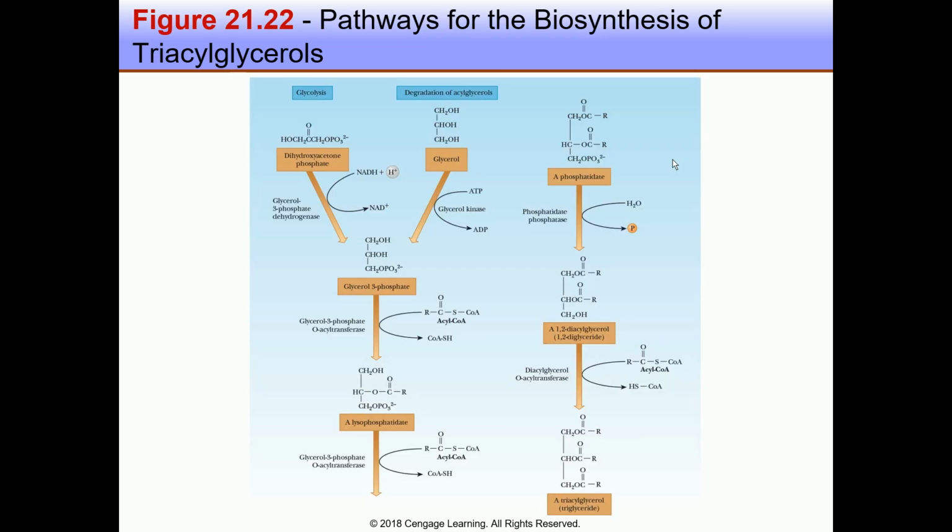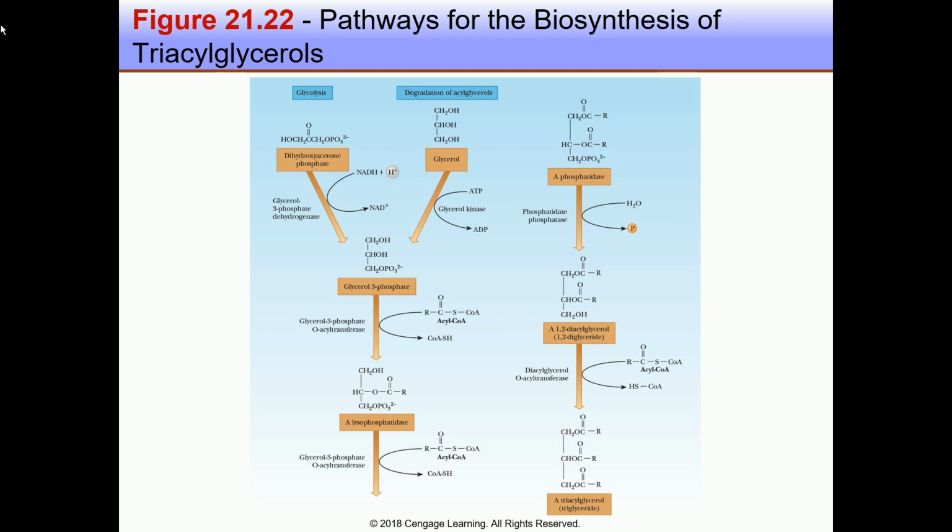This is one of the pathways for the biosynthesis of triglycerides. So you can see the glycerol 3 phosphate, because these triglycerides have glycerol in them. This glycerol can be made with the help of glycerol getting converted to glycerol 3 phosphate with the help of the enzyme called glycerol kinase, or it can also be derived from the product of glycolysis called dihydroxyacetone phosphate.